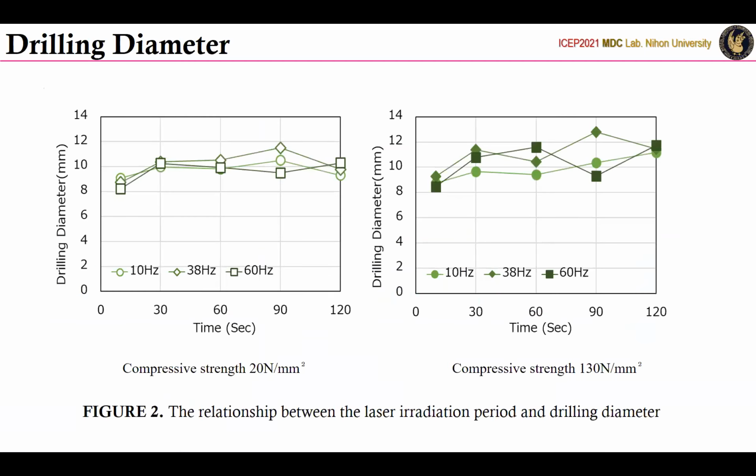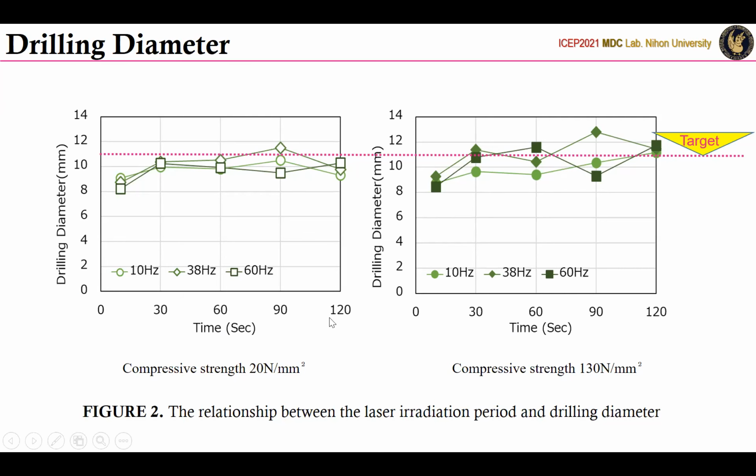Next is the result. First, this graph shows how the drilling diameter of a drill changes depending on the laser conditions. The left side is 20 Newton, and the right side is 130 Newton.